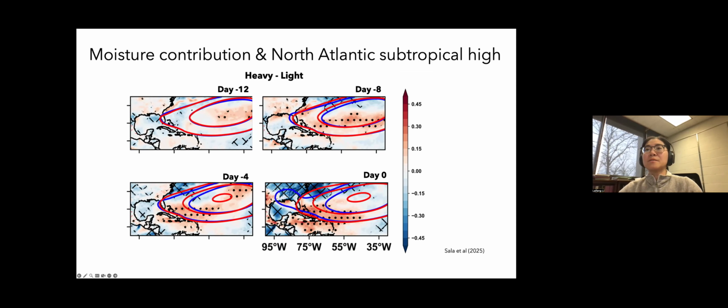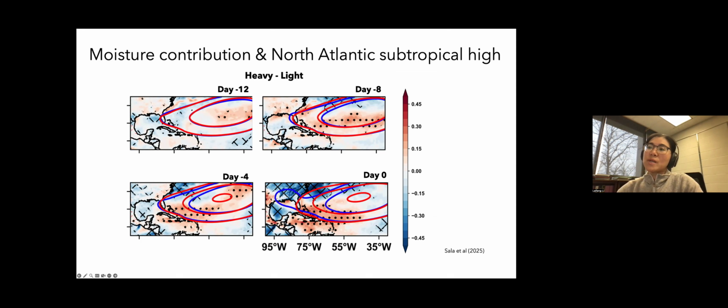So this is a figure showing the moisture contribution difference between the heavy rainfall events and light rainfall events average. So again, reddish color means more contribution from a given location. The blue color means less moisture contribution.